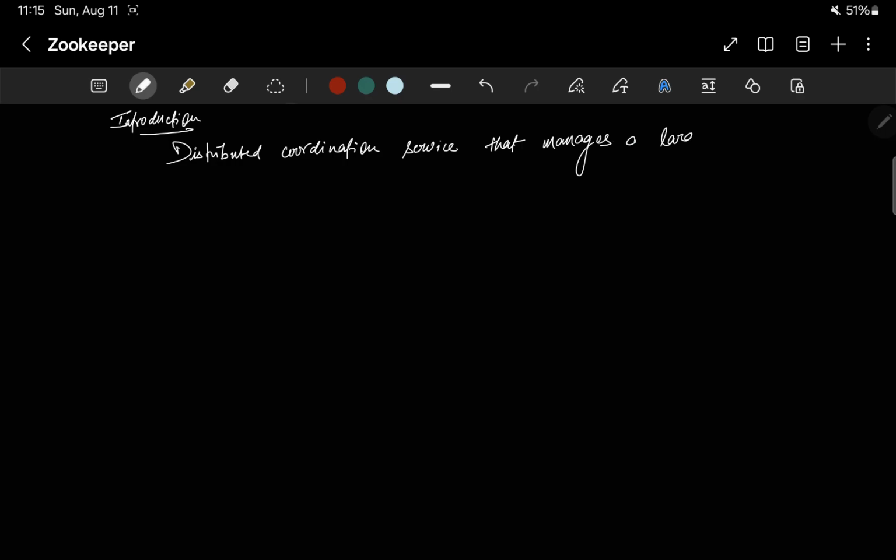Okay. So let's start with the introduction. ZooKeeper is a distributed coordination service that manages a large set of hosts.